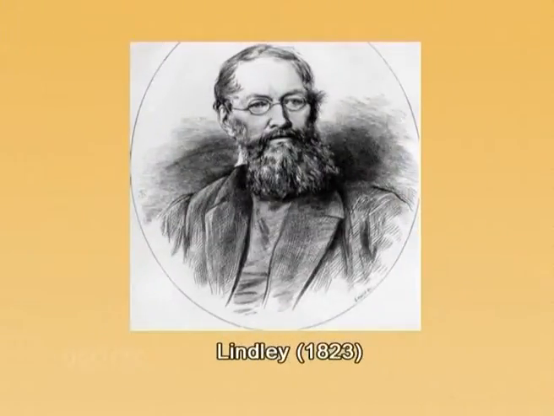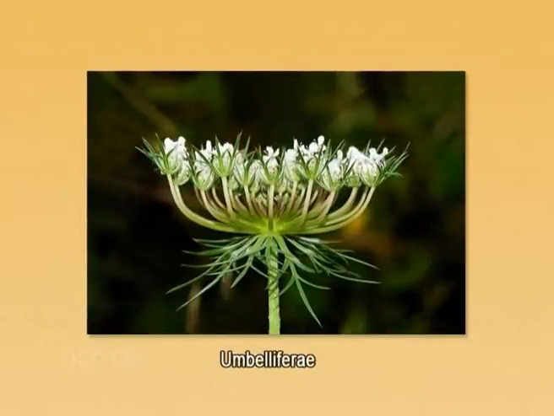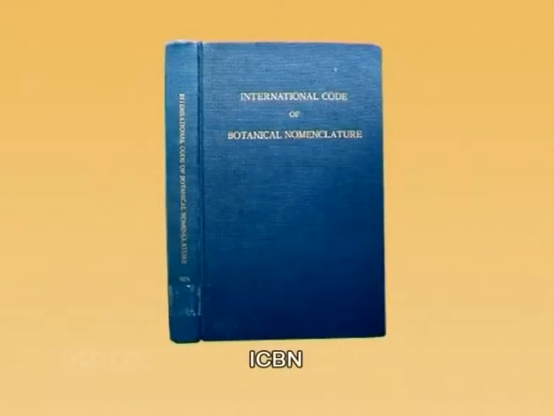Later on, the present name, that is the Apiaceae, was given as an alternate family name by taxonomist Lindley. Why was there necessity for this alternate family name Apiaceae from its previous name Umbelliferae? This alternate name was necessitated due to the typification rule of International Code of Botanical Nomenclature.